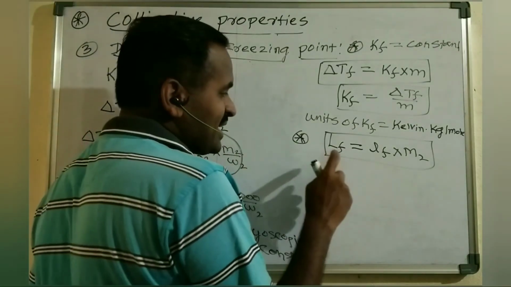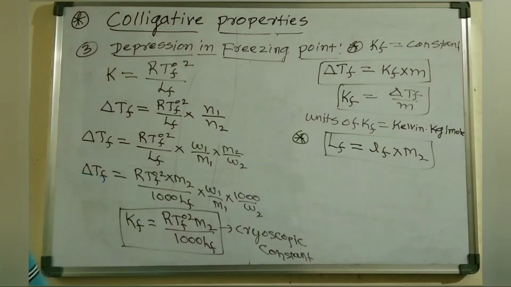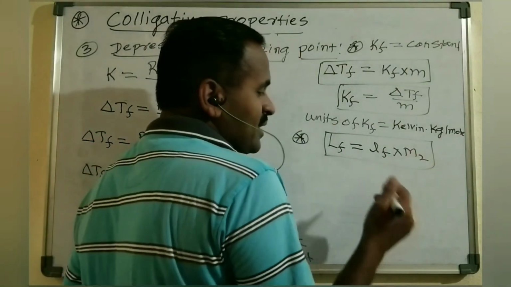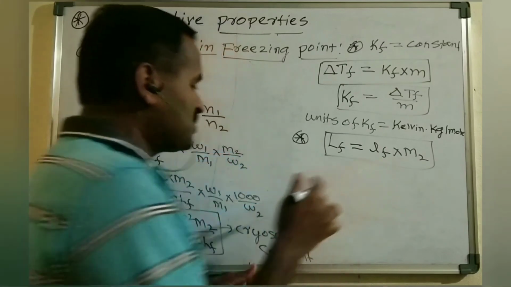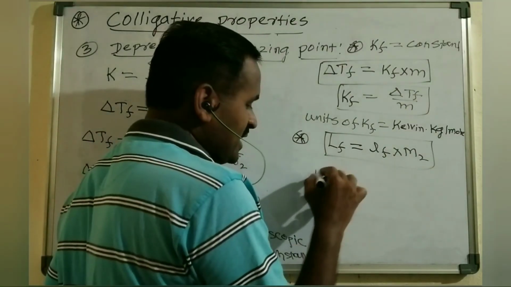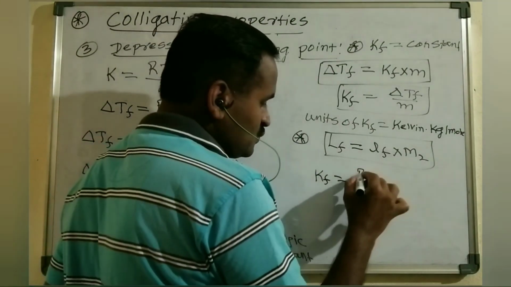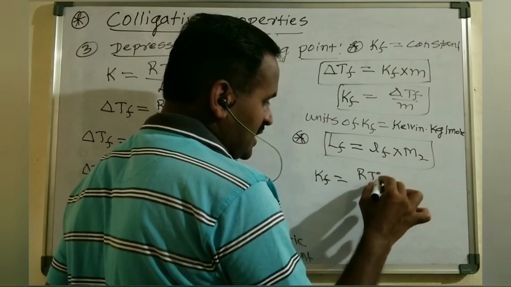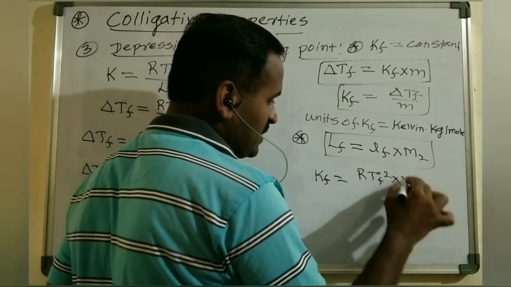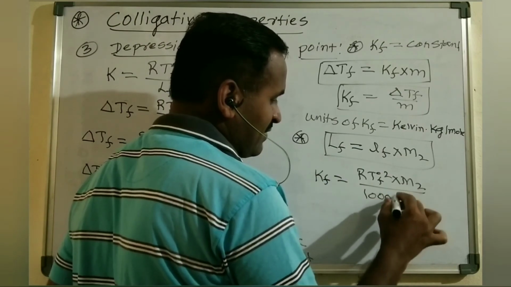Now LF is the product of the gram molar latent heat of fusion and the molecular mass of the solvent. If you substitute this in the above equation, KF equals R T naught F square into M2 divided by 1000.